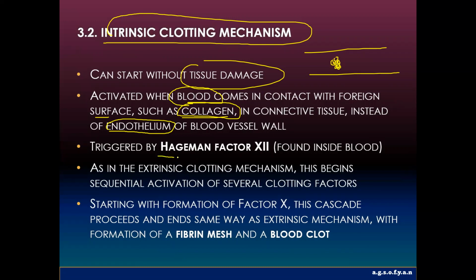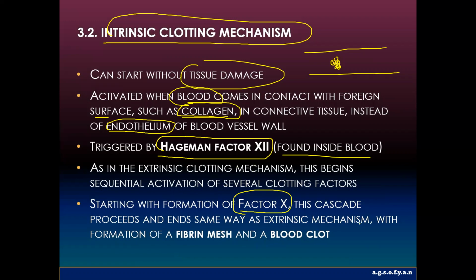This is triggered by factor 12. It's called the Hageman factor. This is found inside the blood. And then there will be a series of activations, in which factor number 12 will cause the formation of factor number 10.